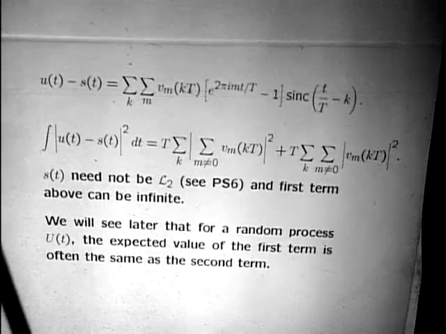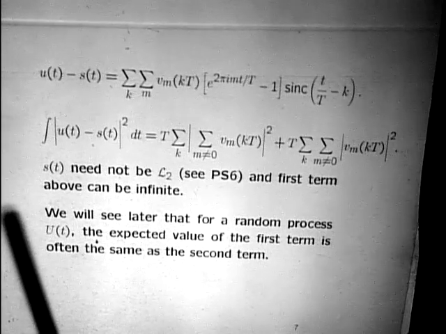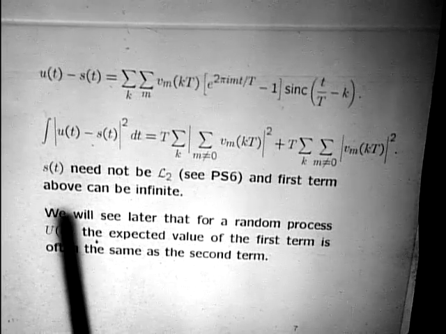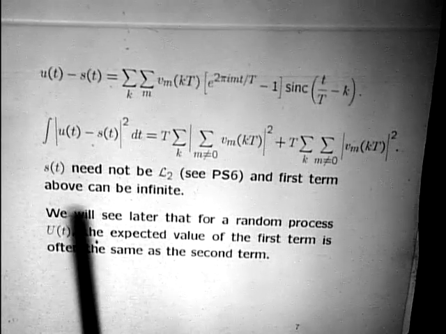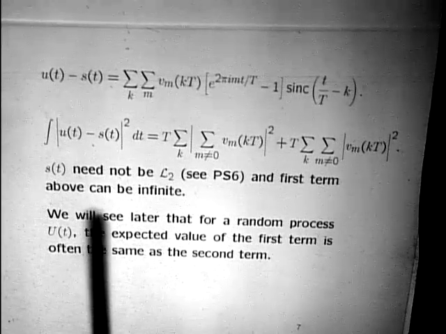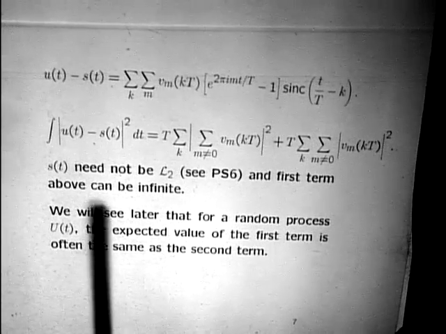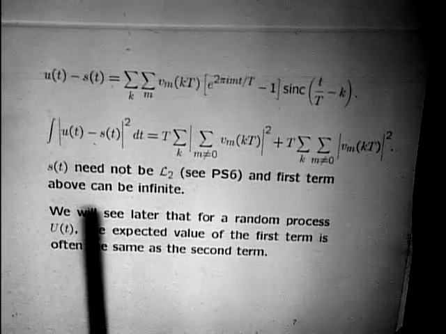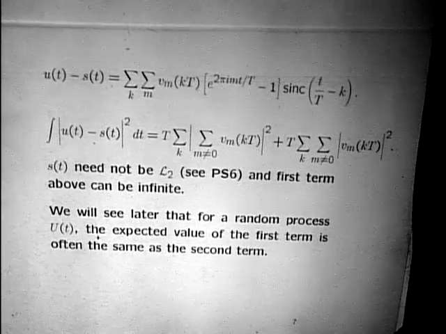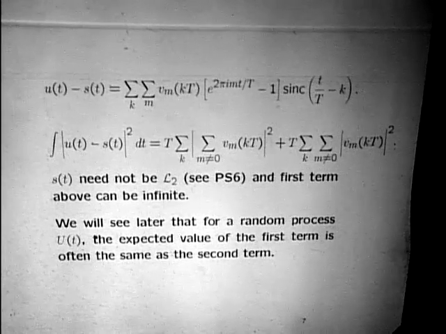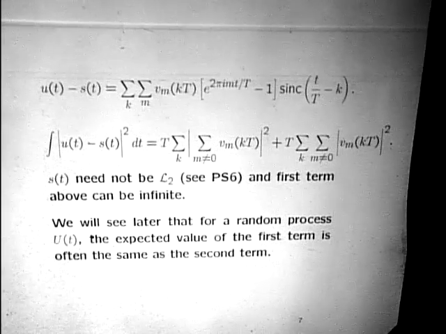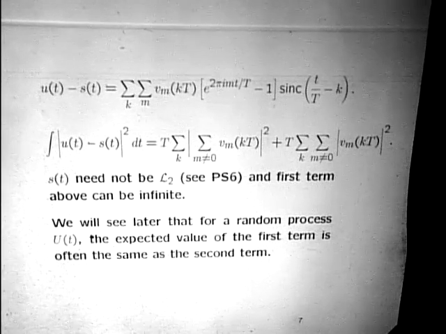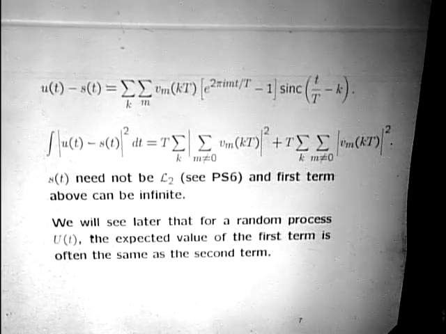And in fact, you would do much, much better if you simply represented u of t by 0. You'd do infinitely better in terms of mean square error, just by throwing it away and saying, I'm not going to even bother to approximate it, I'll just call it 0 and nothing else. And if you did that, you would only have the error in u of t, and you wouldn't have all this generated stuff from all these terms that you're throwing away.